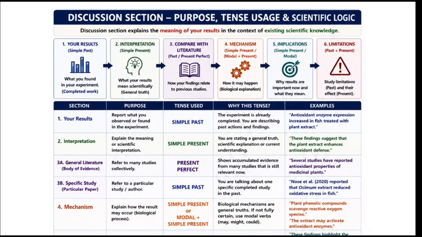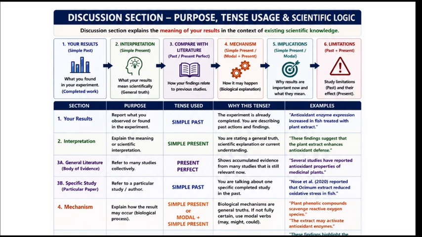So that is the way we use the simple present tense to explain such things. Then we also compare this with the already existing literature, and when we say existing literature, that means we use the present perfect tense.